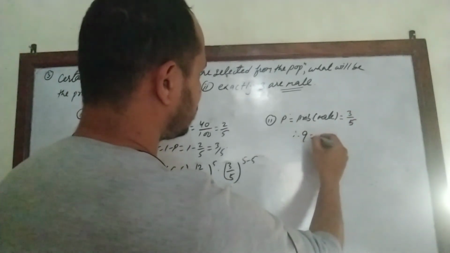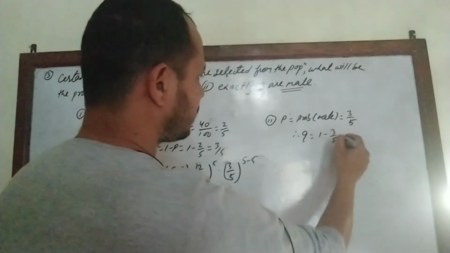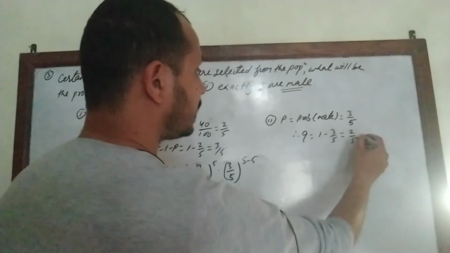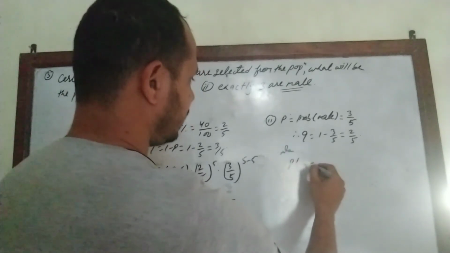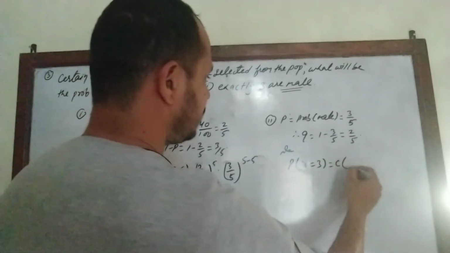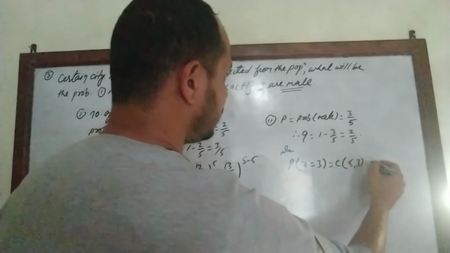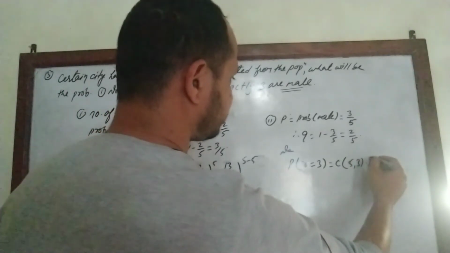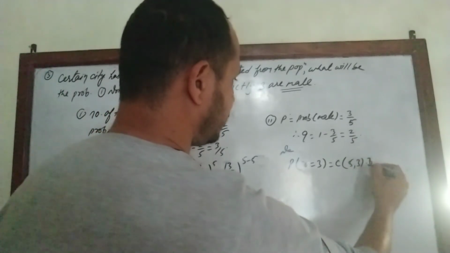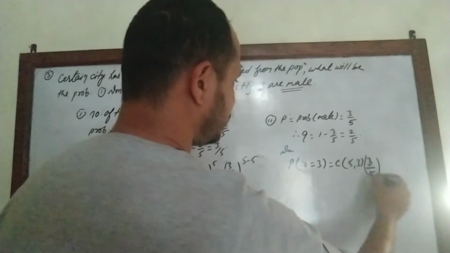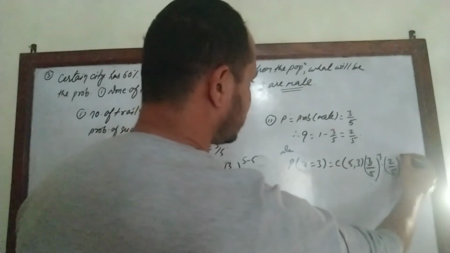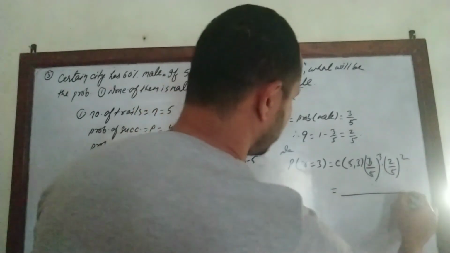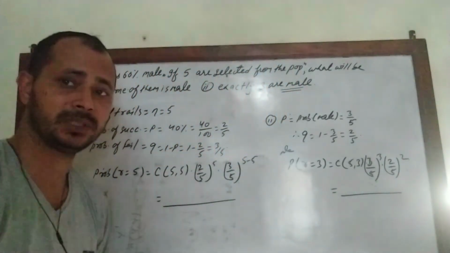So q will be 1 minus 3 by 5, equal to 2 by 5. Now 3 are male, r equal to 3, so C 5 3 into p to the power r, p meaning 3 by 5, into q to the power n minus r, and the simplification will give the value of this probability. Have a look.